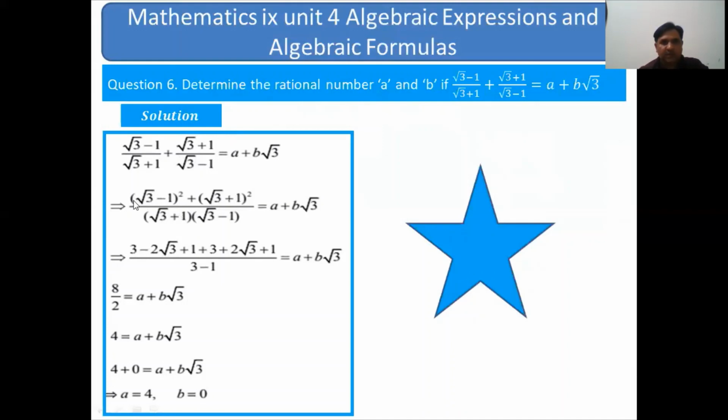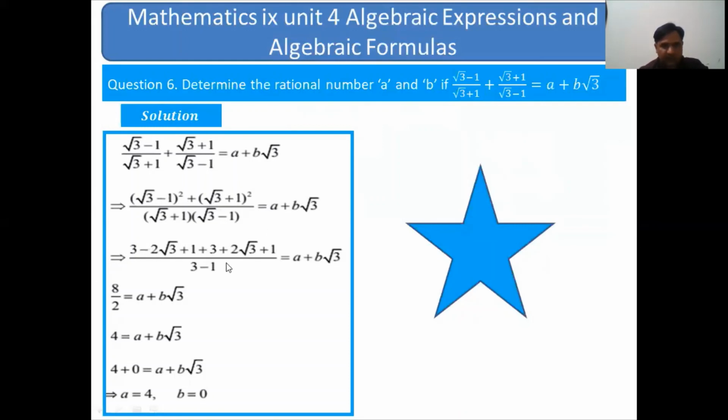Here we open using the formula a minus b whole square: 3 square is 3 minus 2ab, where a is square root of 3 and b is 1, so this is 2 square root of 3, and 1 square is 1. For a plus b whole square, a square, square root of 3 square is 3, plus 2ab, where a is square root of 3 and b is 1, so we can write this as 2 square root of 3. So 1 square is 1.